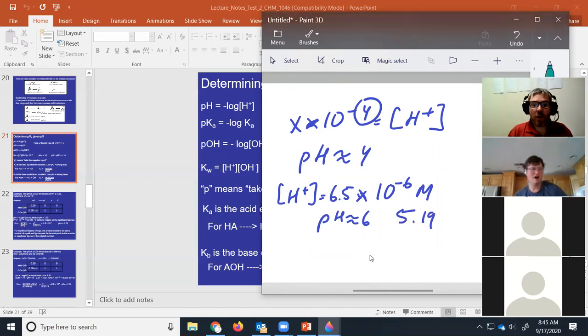And that's the negative log, right? Because the log actually comes out to be negative 5.19, but we take the negative of that, and that gives us the pH. There is no negative log button on your calculator. You have to do the log first and then take the negative of that value. Does anybody have any questions? So that would be the pH for that one.